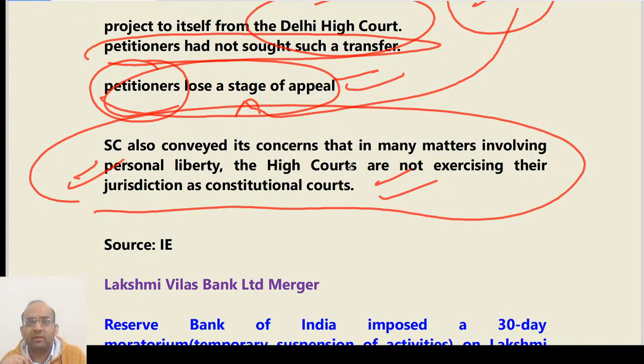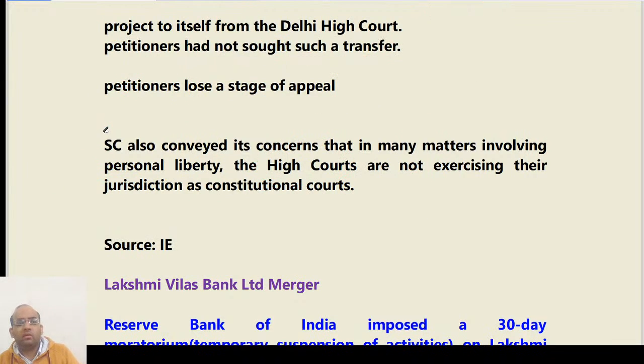There may be an intellectual dearth in the judges, where they are not able to understand the issue and the nuances of personal liberties involved. Second, there may be a shortage of judges. There may be control of the state executive over high court judges, etc. That is why high courts are not able to protect citizens' liberties properly. That has been absorbed by the Supreme Court itself. So how can the Supreme Court give back the power to the High Court?